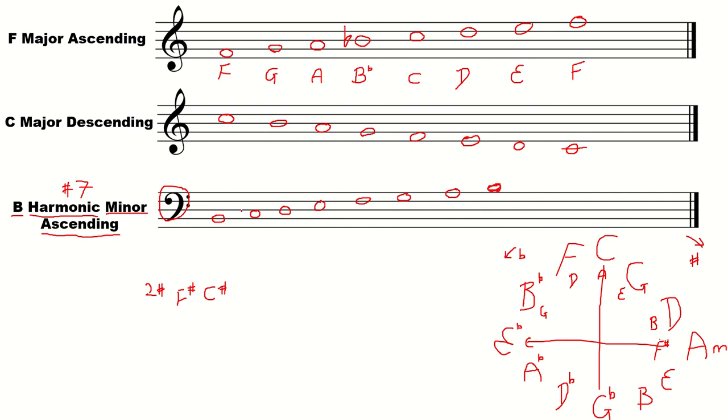So here's the C sharp. Remember, we're in bass clef. And here's our F sharp. Now, we have to check what type of minor. There are 3 types of minors. I'll write this out. So there's natural, which is, well, that's normal. There's harmonic.